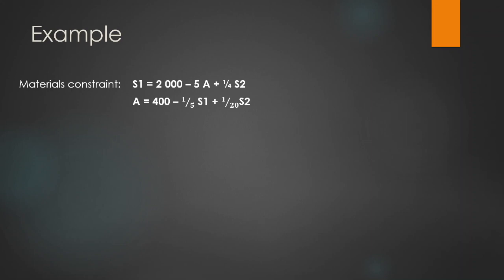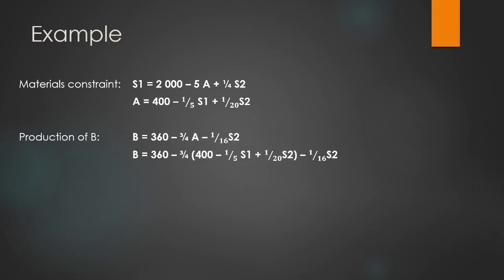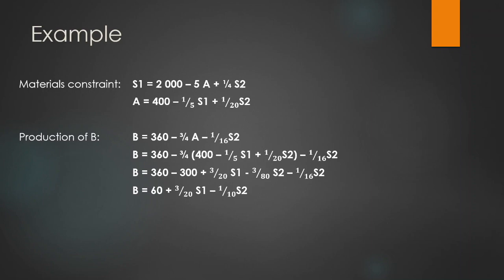As we did with product B earlier, we now have to substitute A into all our other constraints. Let us begin with the production of B. We substitute in the new value of A, and once we multiply everything out and simplify, we get B is equal to 60 plus 3/20 of S1 minus 1/10 of S2.